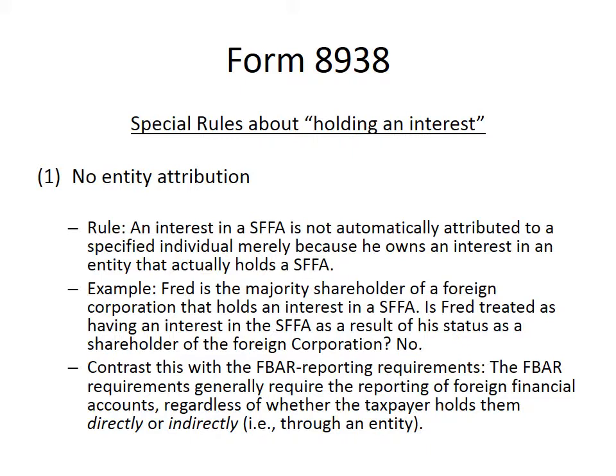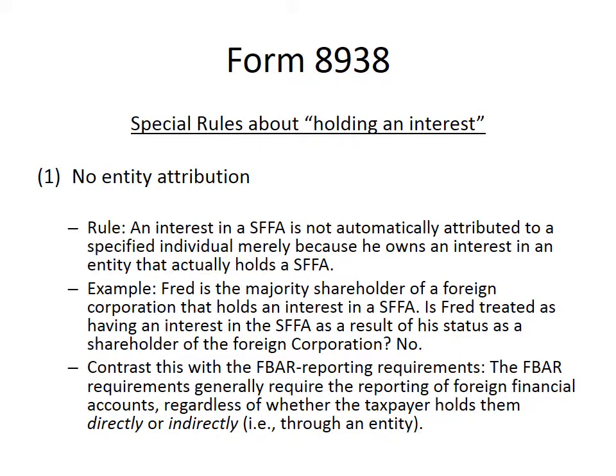The only twist I've given you between the first hypothetical, where ABC owned a specified foreign financial asset, and the second, where ABC owned a foreign account, is that in the first case the foreign entity owned a specified foreign financial asset, and in the second case it owned a bank account.